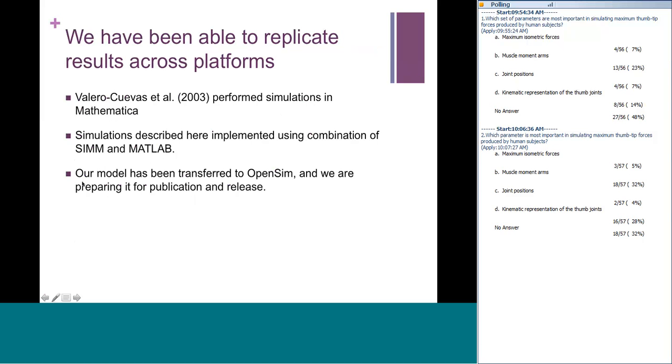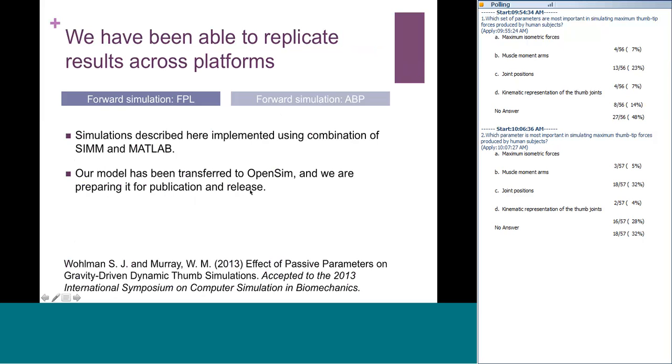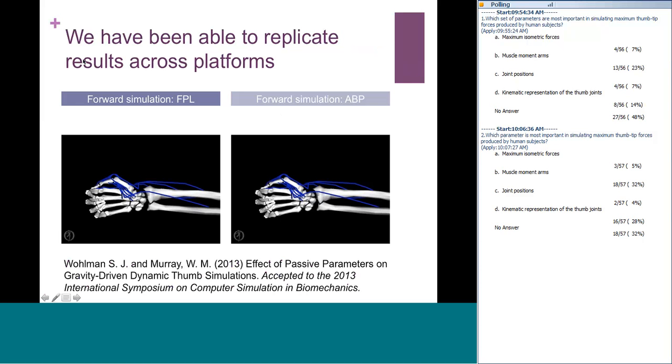And right now she has transferred our model back into OpenSim, and we're preparing that model for publication and release. Transporting it to OpenSim has allowed us to run these simulations in a more forward way and have a more realistic understanding of the experiment.